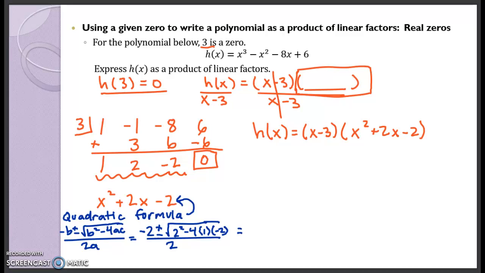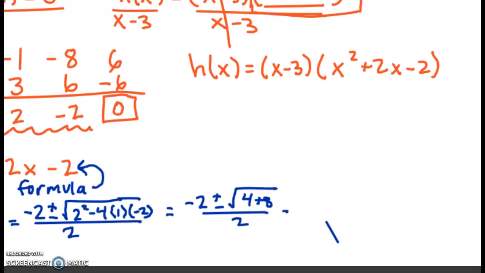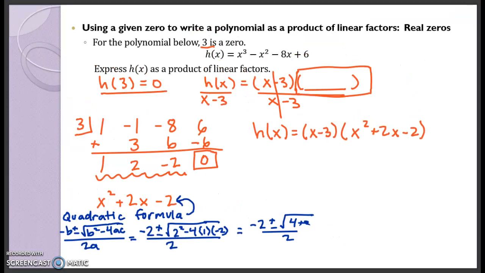So, negative b is negative 2 plus or minus the square root of b squared, 2 squared, minus 4 times a, which is 1, times c, which is negative 2. Don't forget this whole thing's over the square root, divided by 2, and a is 1, so I'm just going to leave it as 2. Let's continue. So this is negative 2 plus or minus the square root of 4 plus 8 over 2, which equals negative 2 plus or minus 2 square roots of 3 after some simplifying over 2.